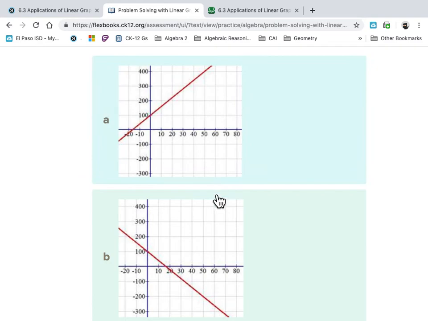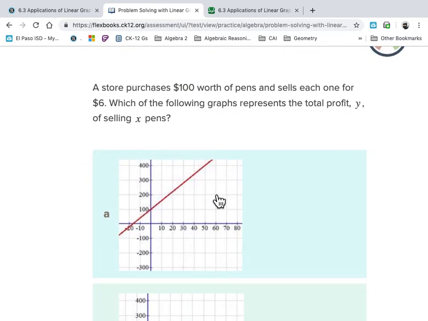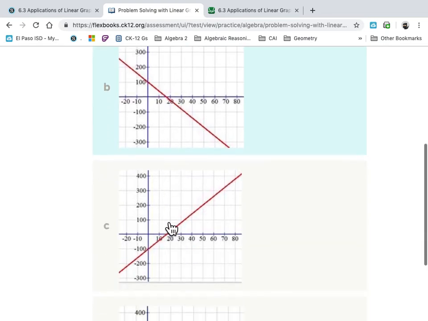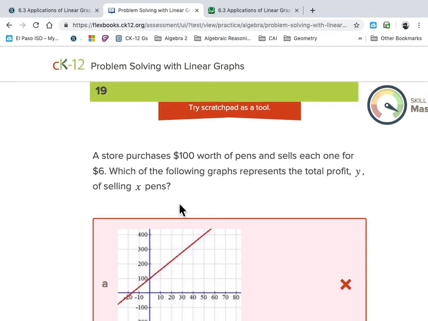Next, any more soccer problems? No, this is the same stuff we already know. 100 pens at 6. So 6 times 10 is 60. That should be 160. That looks good. Is it cost? Maybe it's going down. I wasn't paying attention. No, I'm right. It's $100 worth of pens. They each sell for $6.